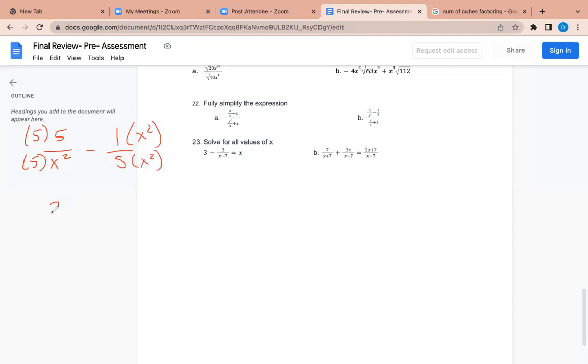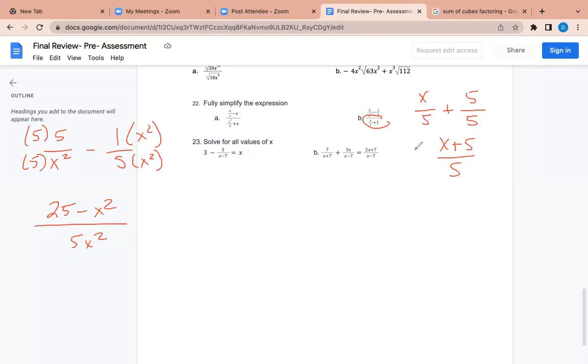So this will be 25 minus x squared all over 5x squared. Okay? And then let's do this fraction, and then we'll figure that part out. So it would be x over 5 plus 5 over 5. Common denominator, so it'll be x plus 5 over 5.